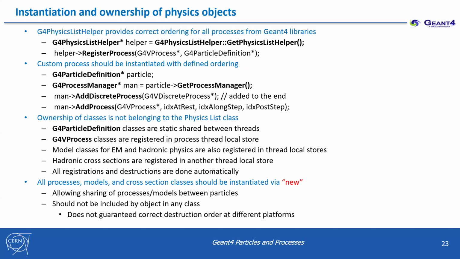And there is an important limitation: all process, models and cross sections should be instantiated with new, and then should not be destructed by the class where they are created. Everything is centralized.